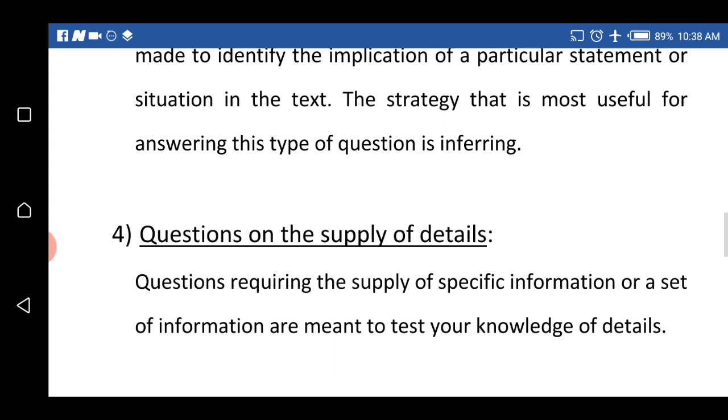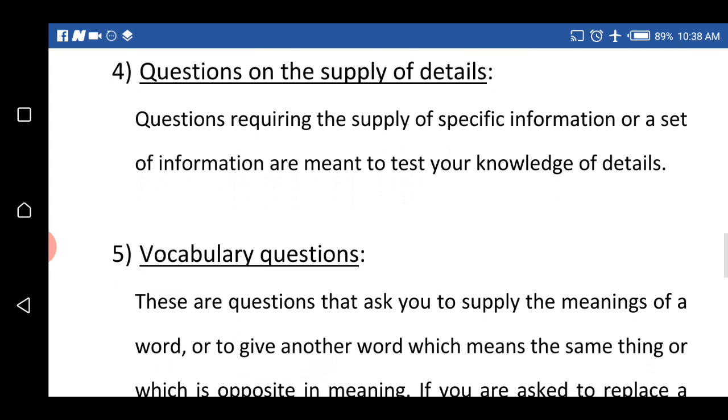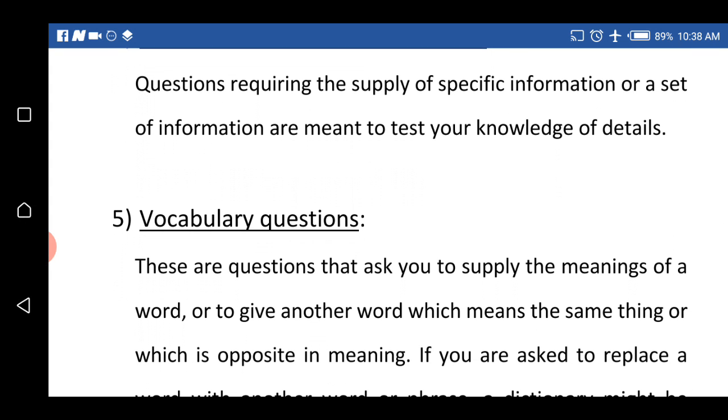Number 4. Questions on the supply of details. Questions requiring the supply of specific information or a set of information are meant to test your knowledge of details. Number 5 is vocabulary questions.